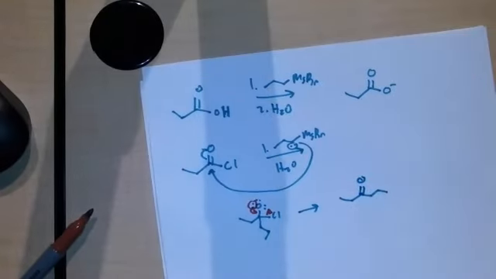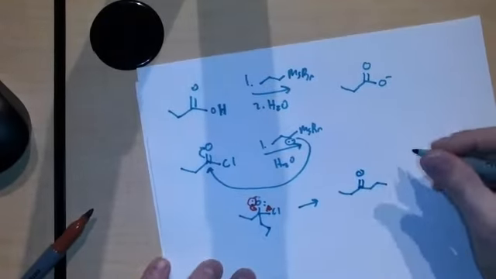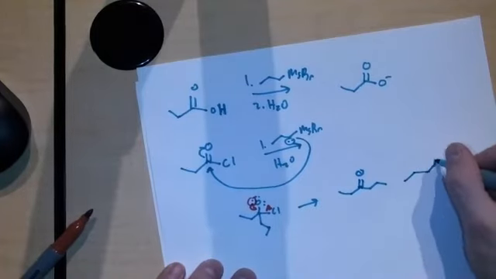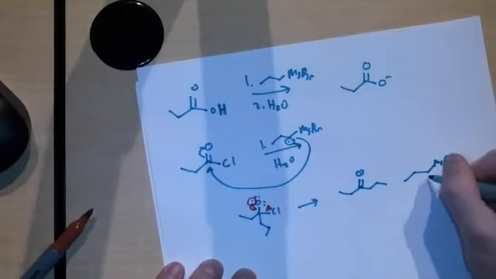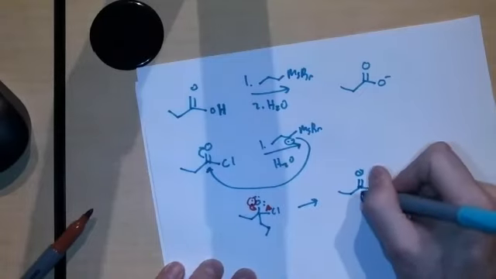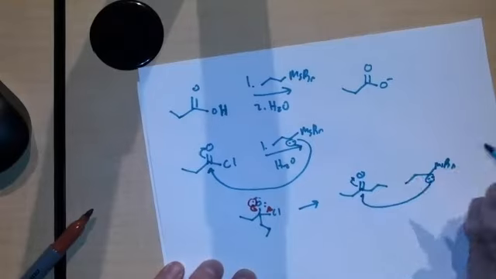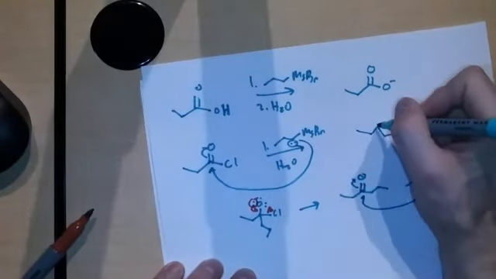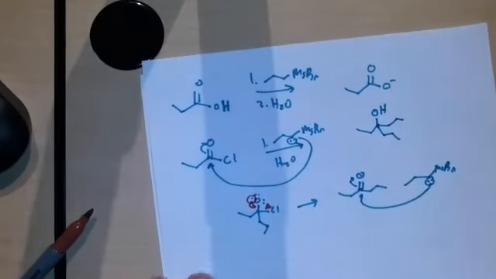We'll make a ketone, which will react again. Get protonated by water and get you a double addition of your Grignard here. So kind of like an ester, if you add a Grignard in with this acid chloride, it's going to add twice.